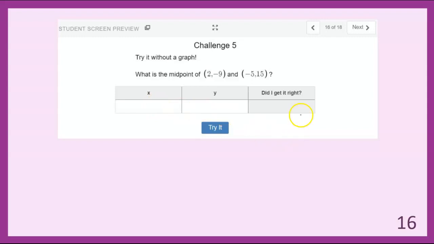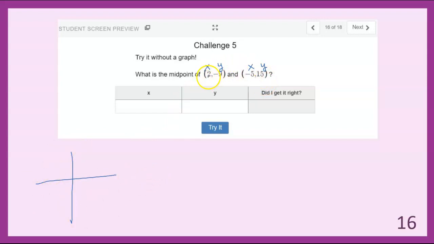So no one's ever going to stop you from drawing a graph and plotting these points if you want to do that. But you can also realize you actually don't need to, because finding the average, all we did was we took the x values and averaged them, and the y values and averaged them. We actually don't need a picture for that. So let's try it without drawing the picture.